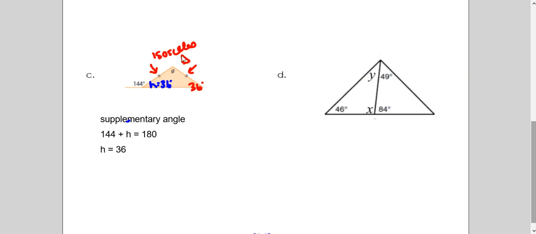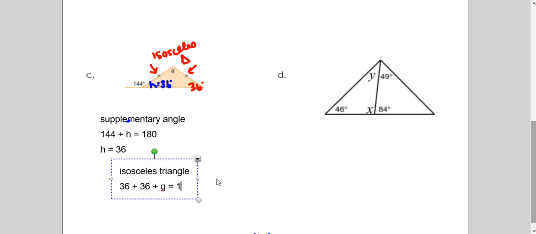So now for my isosceles triangle, we know that we've got 36 plus 36 plus G gives me that 180. Now I collect like terms, and then I can take 180 minus my 72, 108. So it's understanding the property, then making the equation.